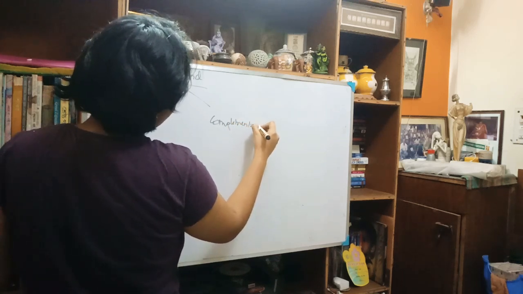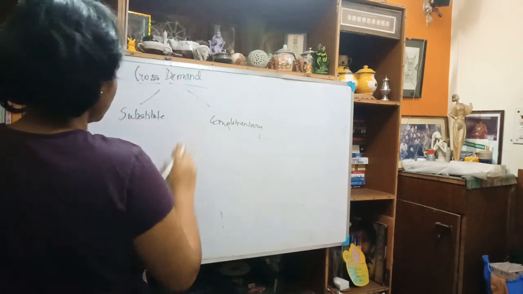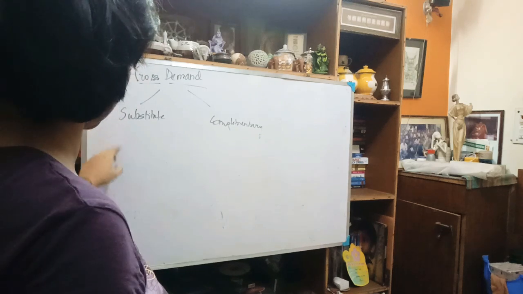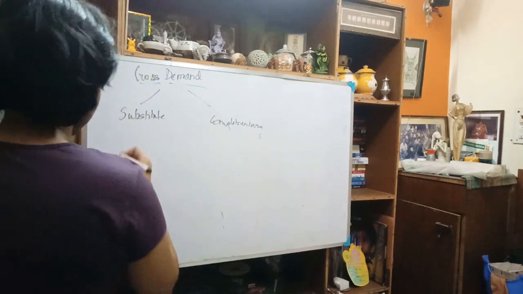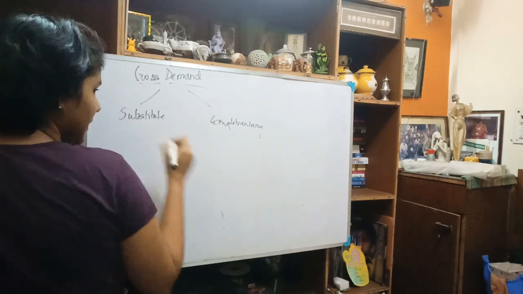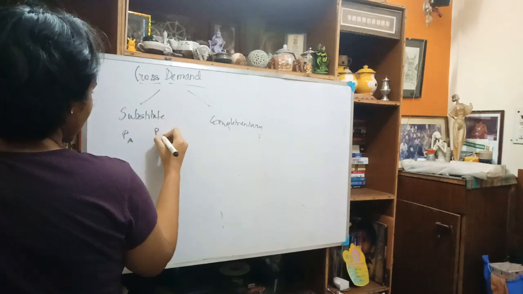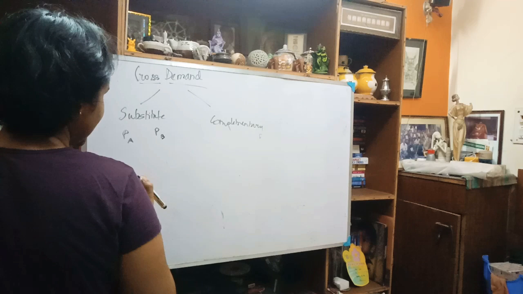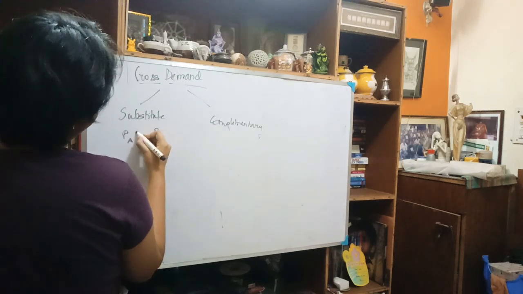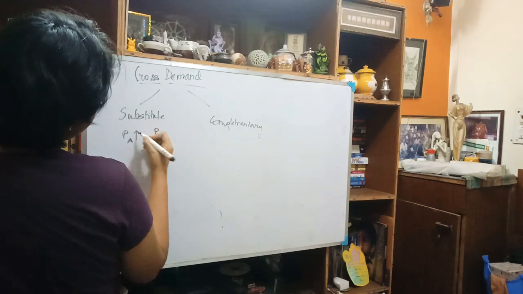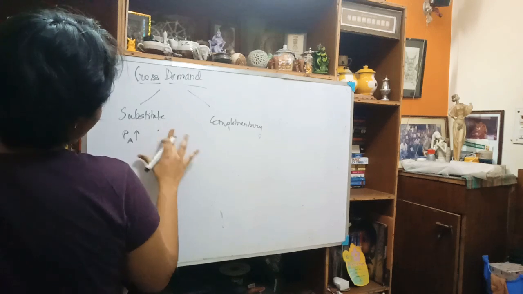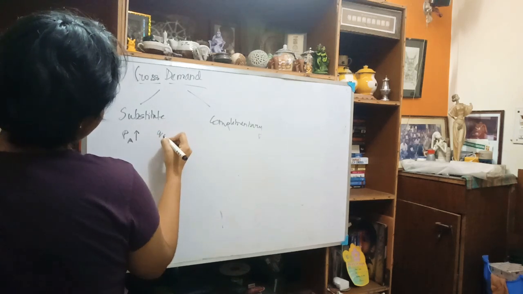To understand substitutes, we are taking two examples. This is good A and good B, PA and PB. What is the scene? The scene is when price of A increases, quantity demanded for B increases.